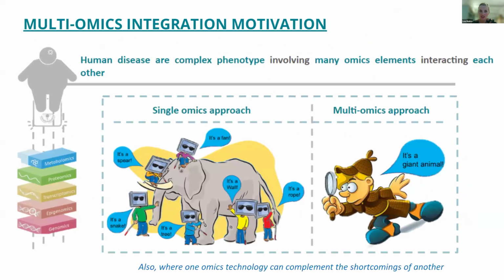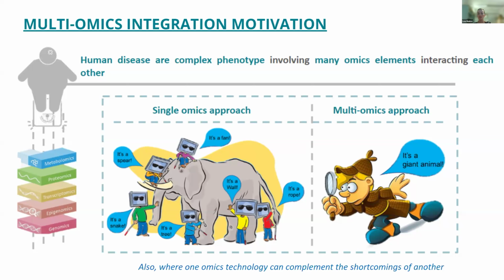So what's the motivation behind integrating multi-omics? Well, human disease or preclinical assessment is complex. And if we use the elephant and blind man parable, with only one omic, you're actually focusing on only one part of the biological system. And all omics have their shortcomings.